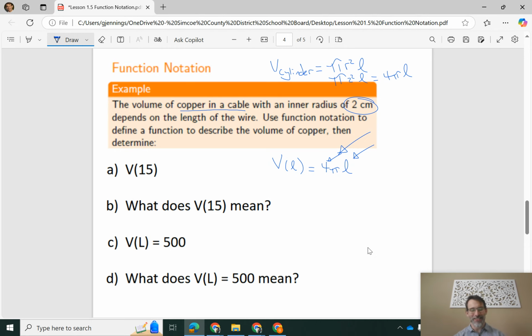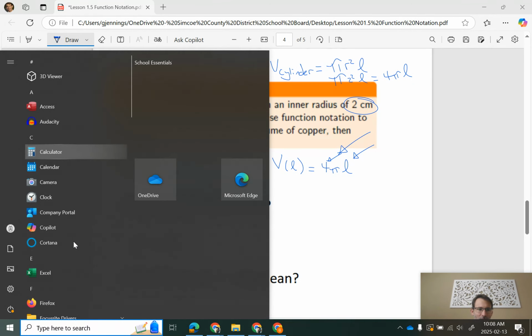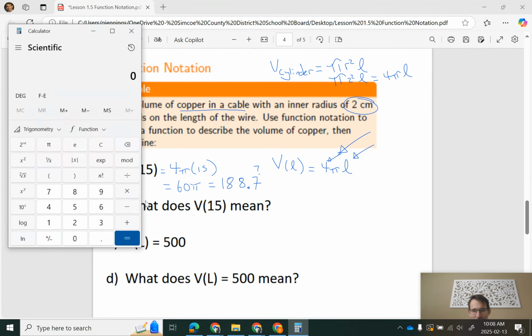Okay, so V at 15 is equal to 4 pi 15, which would be equal to 60 pi, and I would be quite comfortable leaving it that way, but if you want to say 180, probably 188.7, I don't know, let's find out. See how good my multiply by pi in my head is.